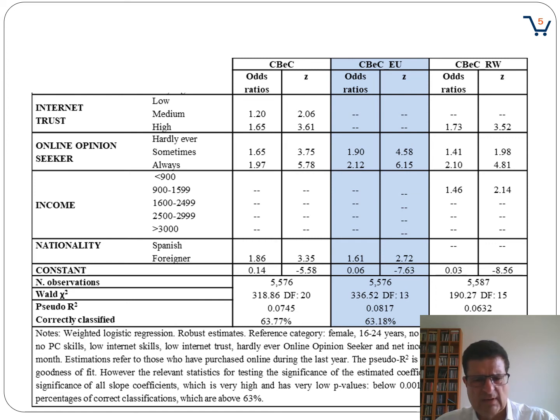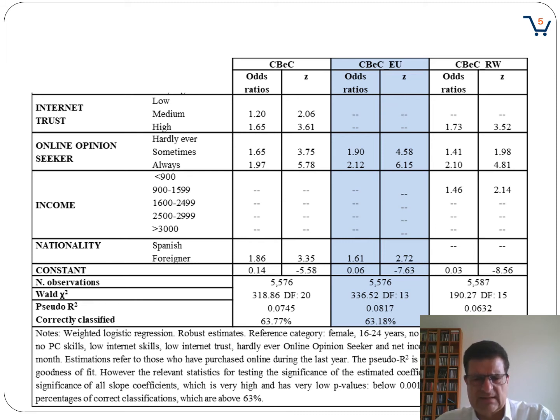See the Wald chi-square test. This is a very important test because it is telling you whether the whole model is significant. So it is a joint test of the significance of all the coefficients.